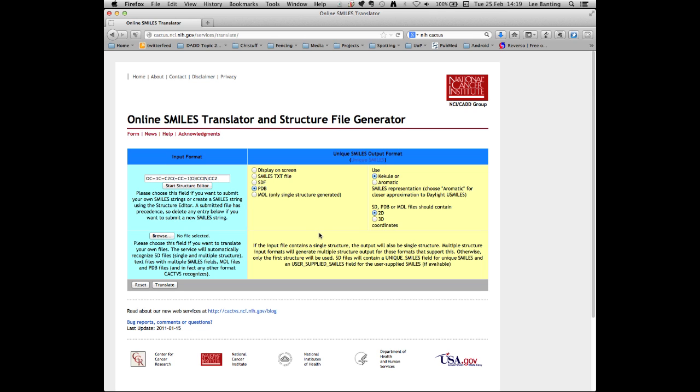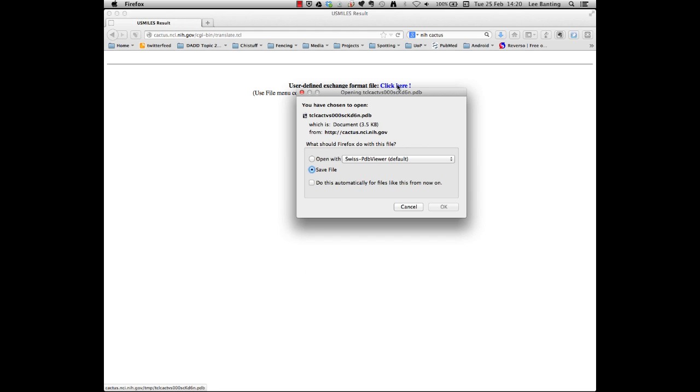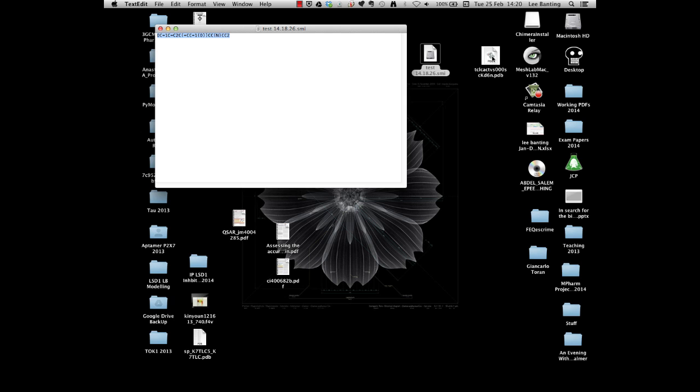Now, the PDB format is a universal format for three-dimensional information. And I'm going to select three-dimensional information here, and I'm going to ask it to translate that file, and keeping my fingers crossed, it's going to do that. It's saved a file, which has got a horrendous file name, but that's immaterial. And here is our file, appeared on my desktop.